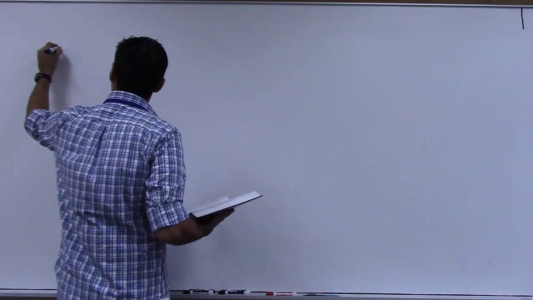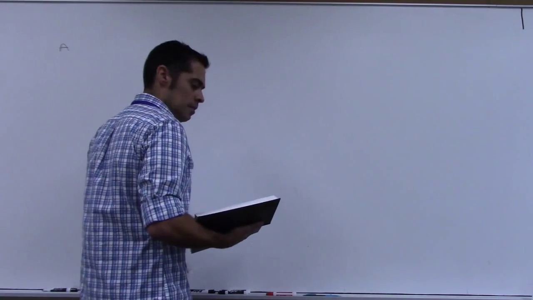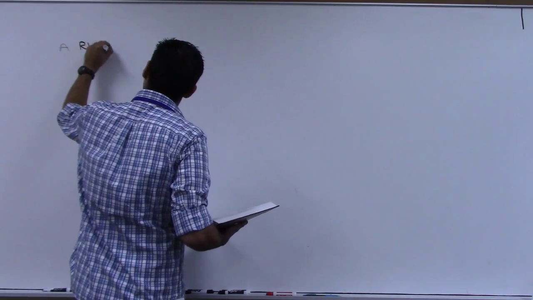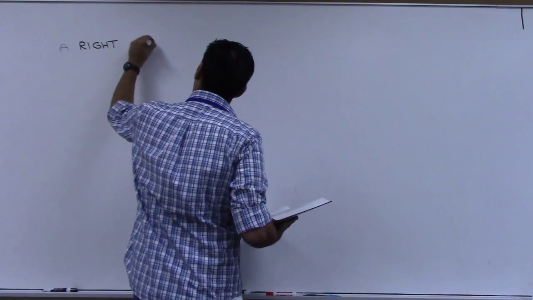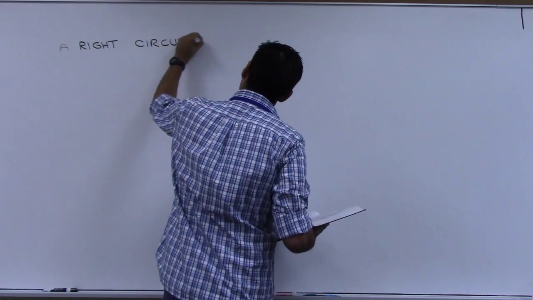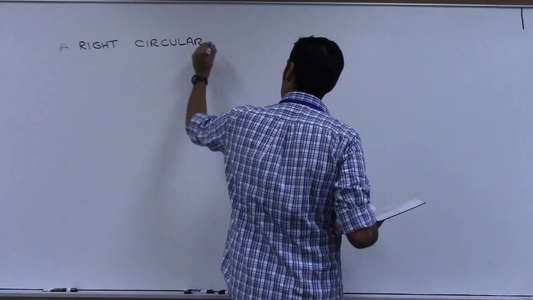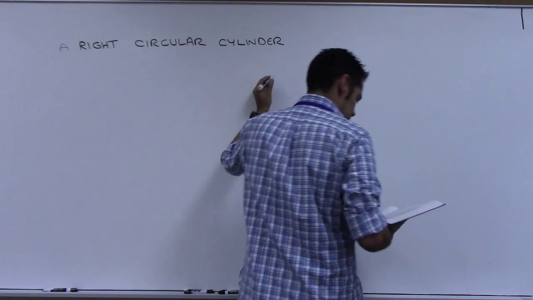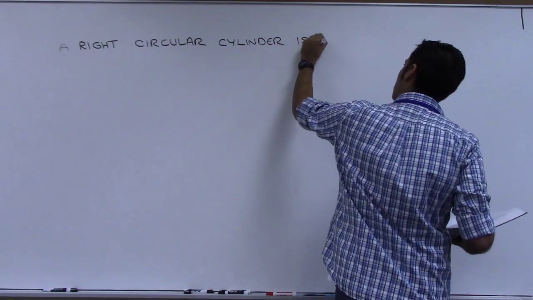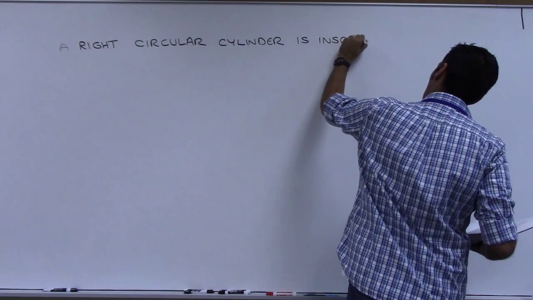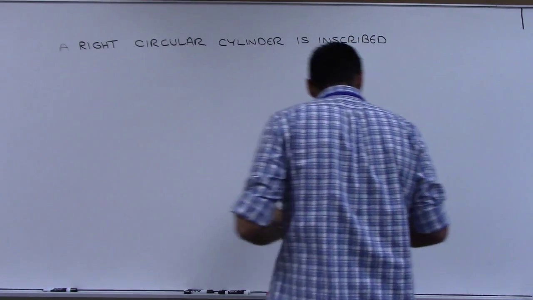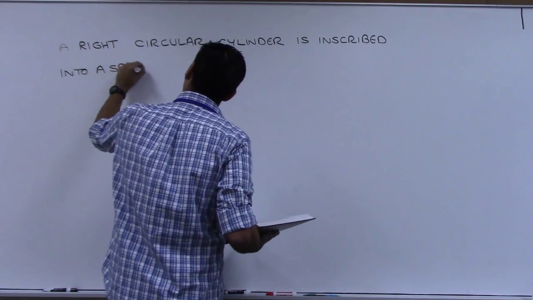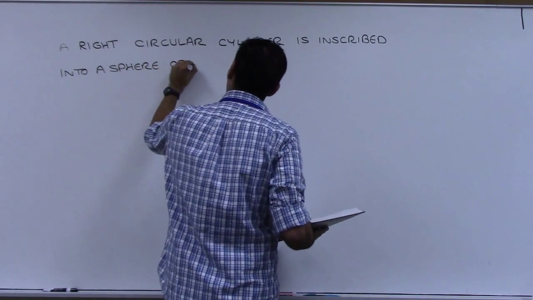It says a right circular cylinder is inscribed into a sphere of radius r.